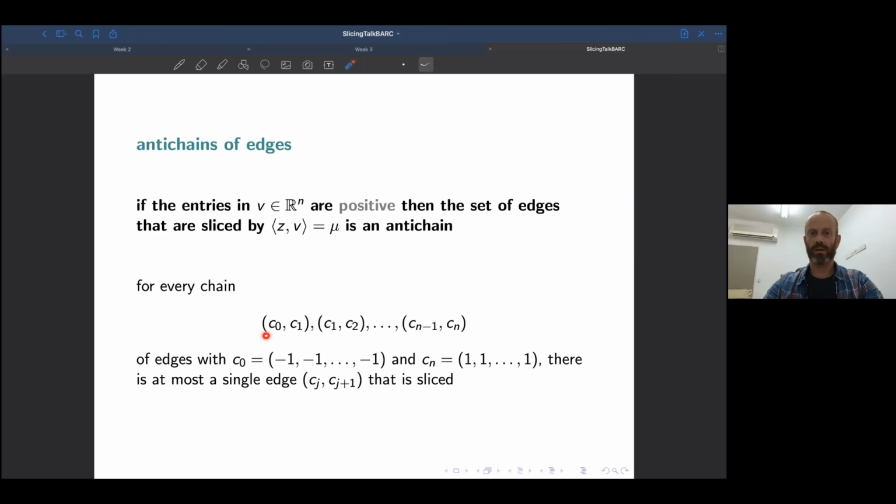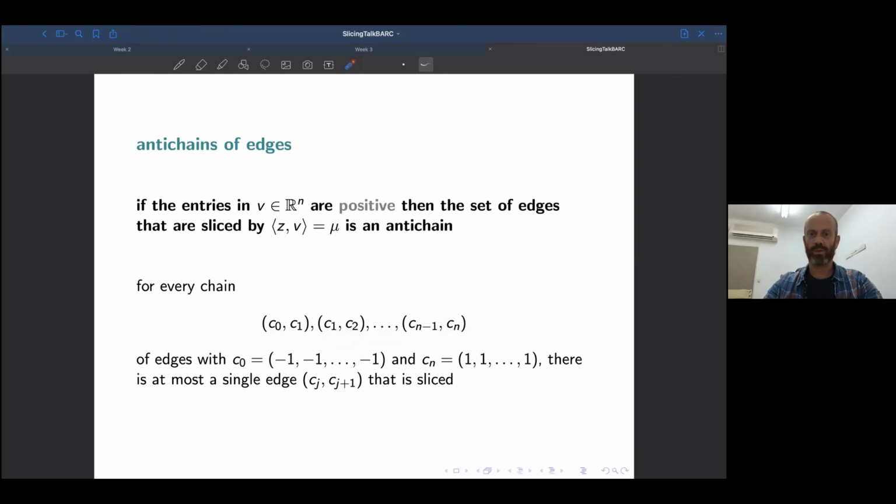We look at a chain of edges. What is a chain of edges? A chain of edges is a sequence of n edges in the hypercube. It starts at the all -1 vector, and it ends at the all +1 vector. And we go from C1 to C2 by changing a single -1 to a +1.